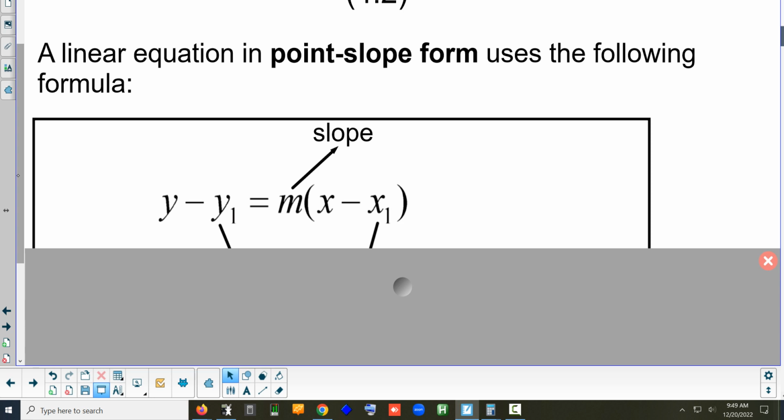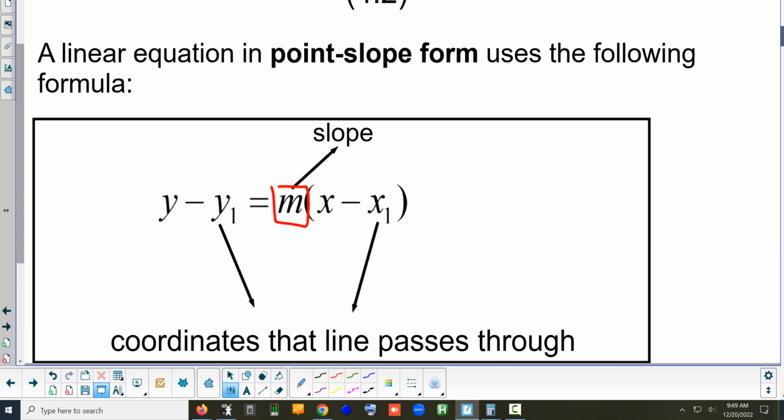M is the slope. y1 and x1 is the coordinate, or the point that they give you. So y1 and x1, that's the point part, which we also call a coordinate. And the m part, that's the slope.